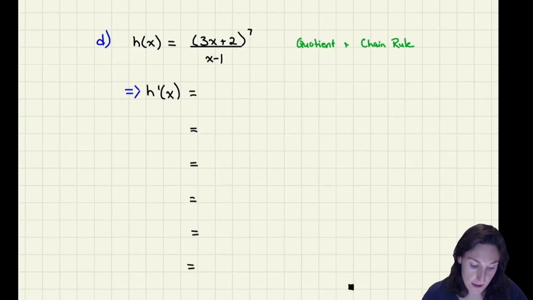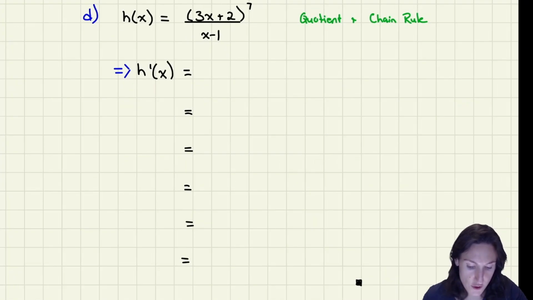Let's do another one. Now let's do one where we are doing the quotient rule and chain rule. So we have a function divided by a function. When we take the derivative of the numerator, we're secretly going to be doing the chain rule. So let's first write out what the derivative is.